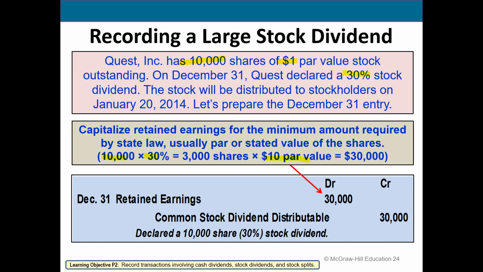So 10,000 shares times 30% means we'll issue 3,000 shares. Multiply that by the $10 par value to get 30,000. So debit retained earnings for that amount and credit the common stock dividend distributable account. On the date of payment, then, we would debit this account and credit the common stock account.